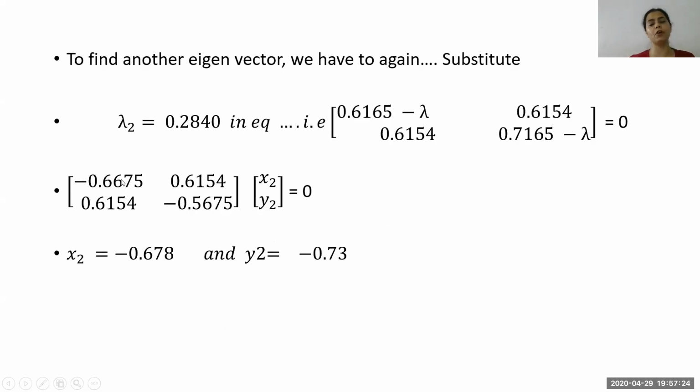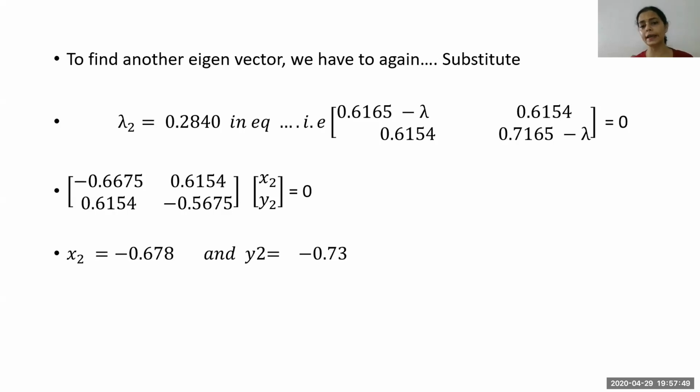Finally, we perform the matrix multiplication and we get the values of x2 and y2, which is our eigenvector 2. It is important to note here, how many eigenvectors do we have for a data set? We will have eigenvectors less than or equal to the number of eigenvalues that we generate.